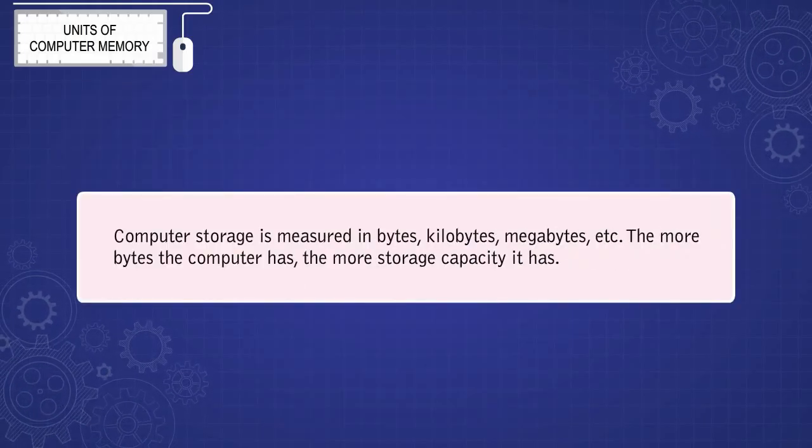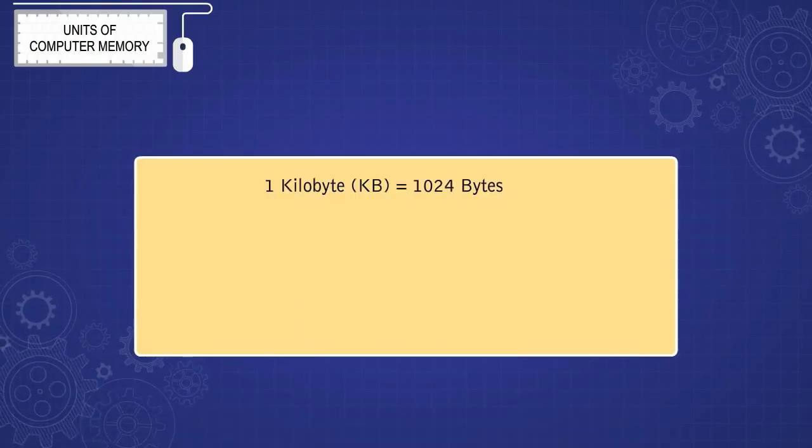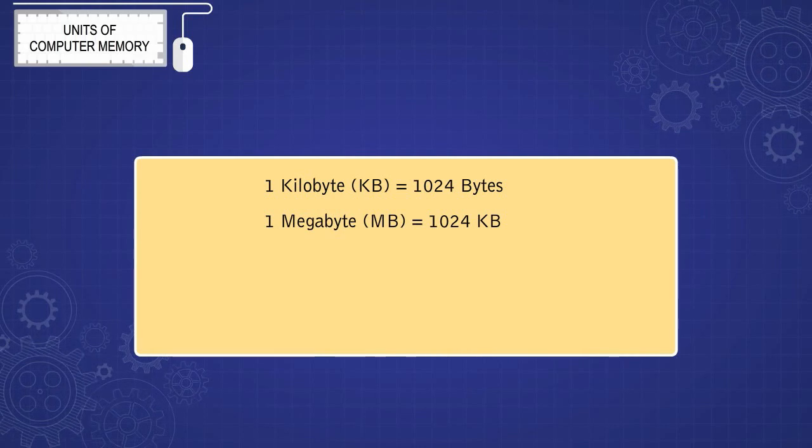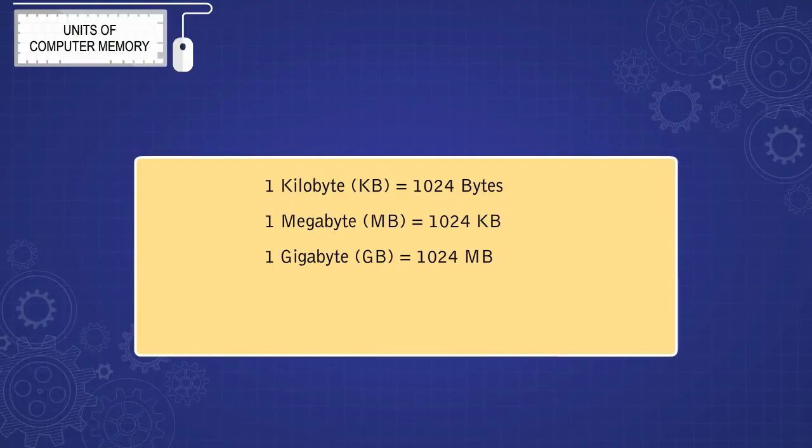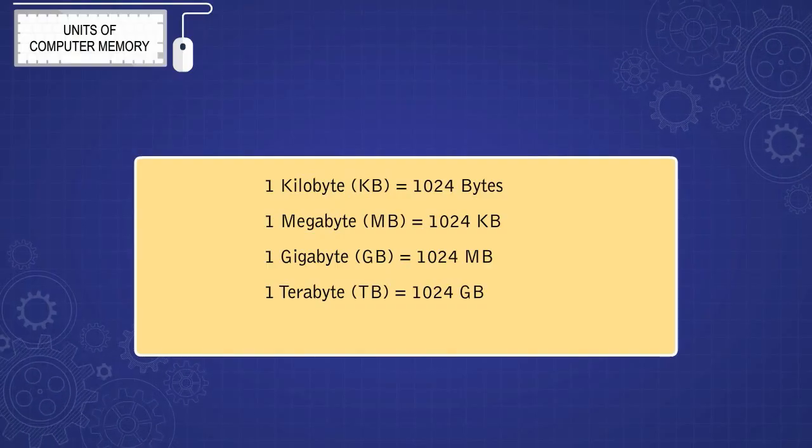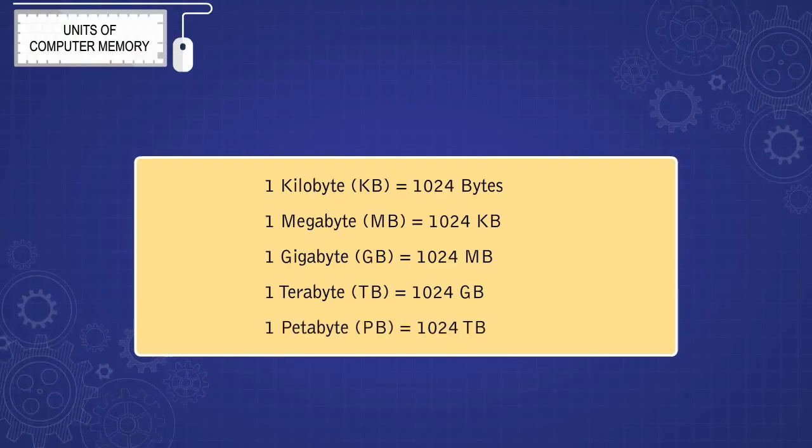Computer storage is measured in bytes, kilobytes, megabytes, etc. The more bytes the computer has, the more storage capacity it has. 1 kilobyte KB equals 1024 bytes. 1 megabyte MB equals 1024 kilobytes. 1 gigabyte GB equals 1024 megabytes. 1 terabyte TB equals 1024 gigabytes. 1 petabyte PB equals 1024 terabytes.